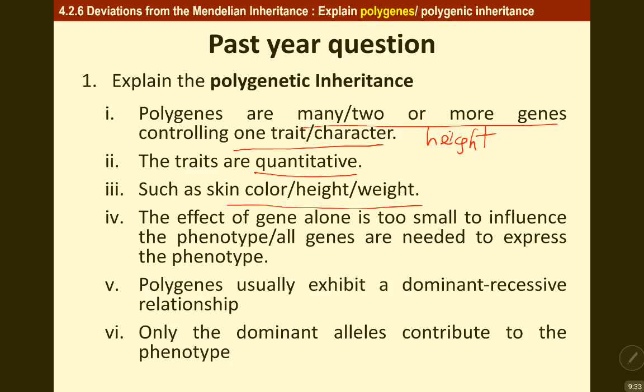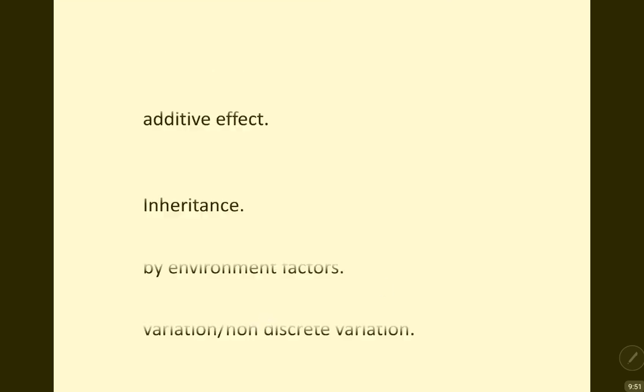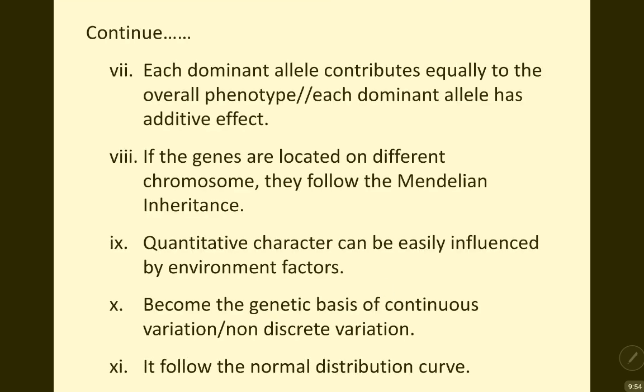The effect of each gene alone is too small to influence the phenotype, so all the genes are needed to express the phenotype. It usually exhibits a dominant-recessive relationship. Only dominant alleles contribute to the phenotype, and each dominant allele contributes equally to the overall phenotype. If the genes are located on different chromosomes, they follow Mendelian inheritance.